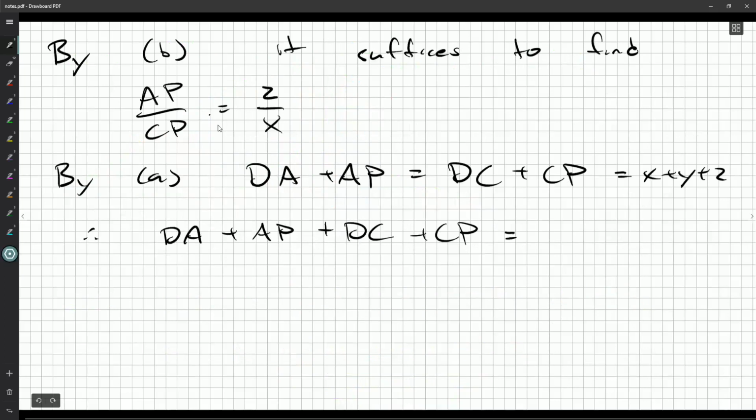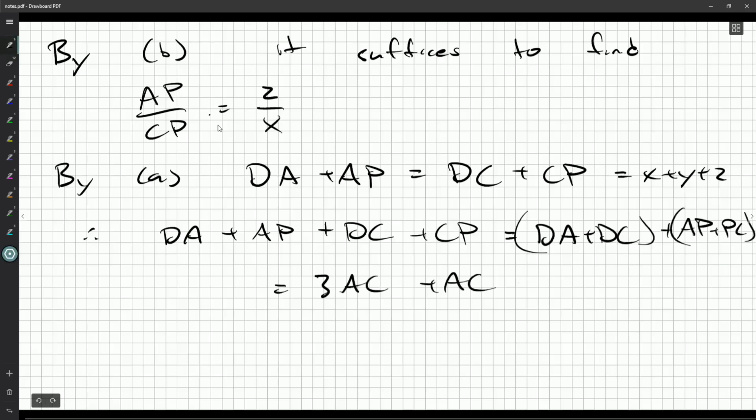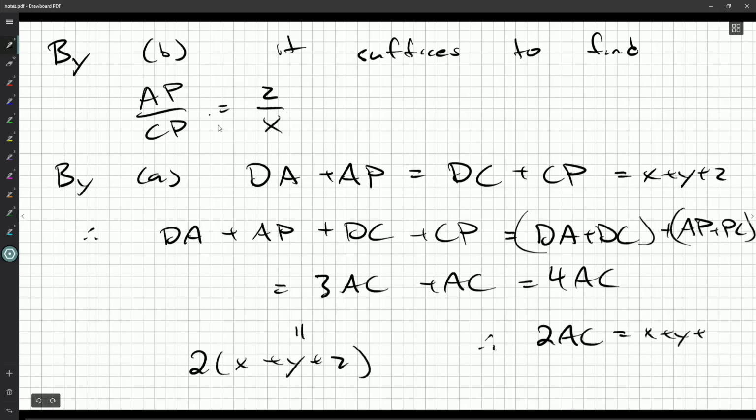So this will be DA plus DC plus AP plus PC. I guess, yeah. But that's 3AC plus an AC, so this is 4AC. And so that should be 2 times x plus y plus z. So 2AC is x plus y plus z.